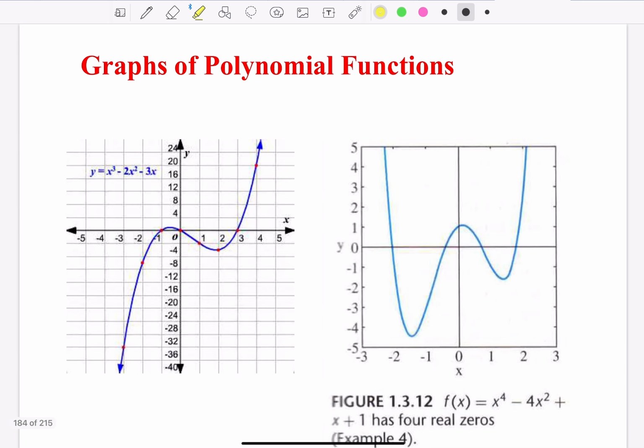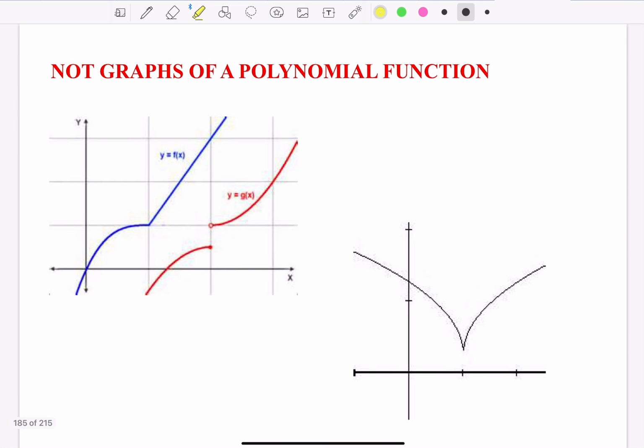So here are 2 examples of polynomial function graphs, a smooth continuous curve that you can graph without picking your pencil. Another example of a polynomial graph, smooth continuous curve. Here are some examples which are graphs of not polynomials because of the hole here and the sharp corner here. Same thing in the next example, we have a sharp corner, so that's not a polynomial function.